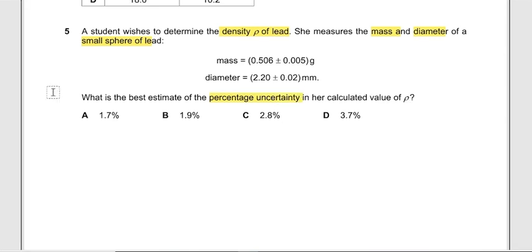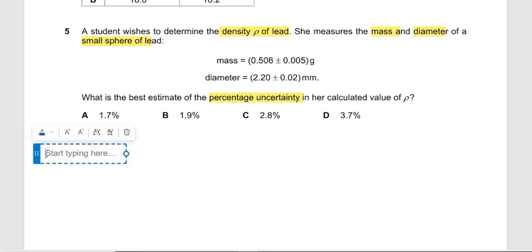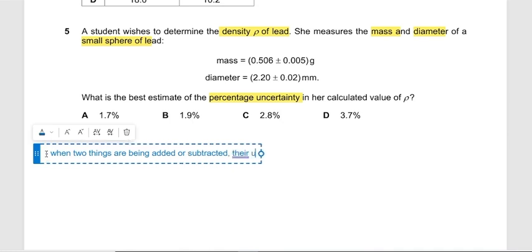Now, there are a few points that I would like us to remember whenever we're dealing with uncertainties. Number one is when two things are being added or subtracted, their uncertainties will always add up.